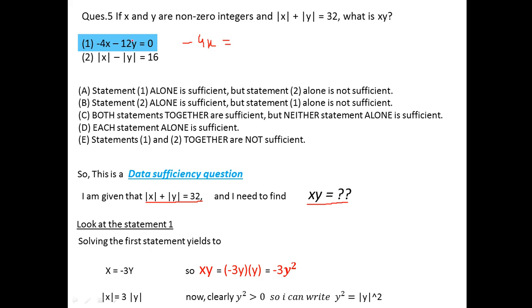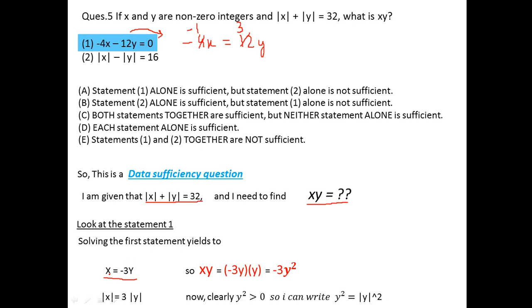So let us take this 12y to the right hand side. So I get minus 4x is equal to plus 12y. So this is minus 1 and this is 3. So I get x is equal to minus 3y. So xy is equal to minus 3y multiplied by y.